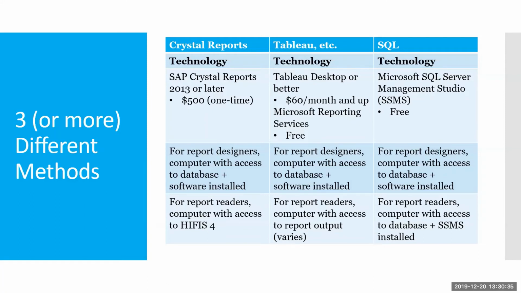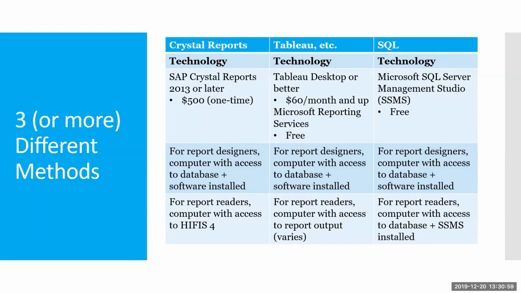So on Crystal Reports, if you wanted to design your own reports, you would need SAP Crystal Reports 2013 or later. It has an approximate cost of $500, which is a one-time fee. I say approximate because you can get bundles. It's possible that your municipality already has a license, or they have like 5 Crystal Reports licenses, and so there's one just not being used.